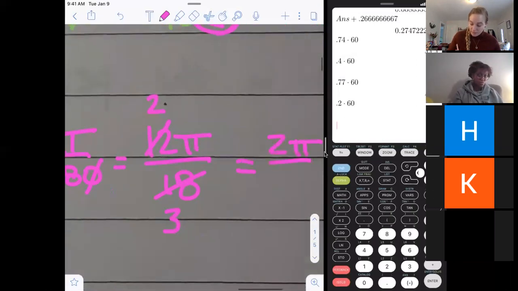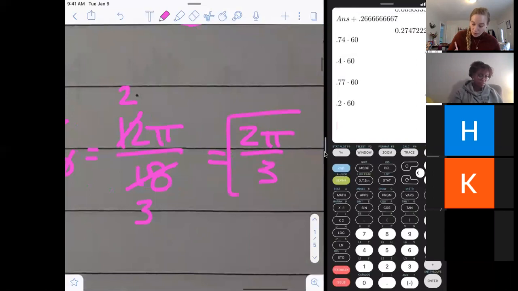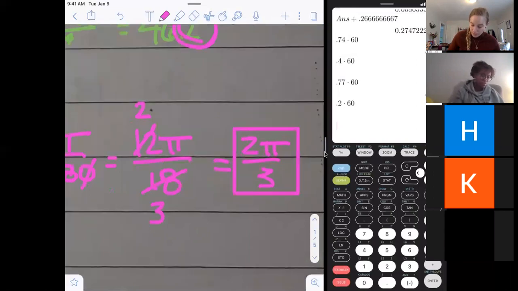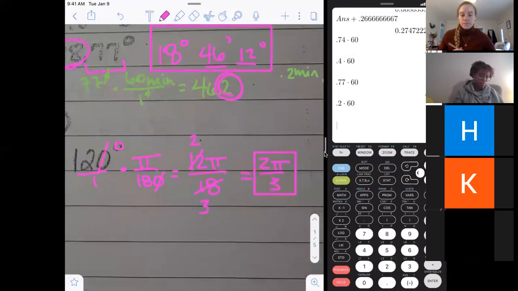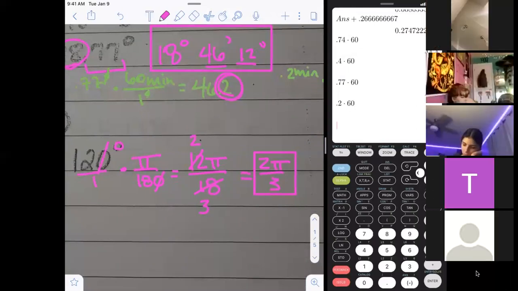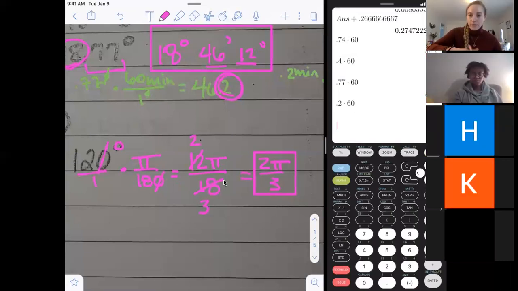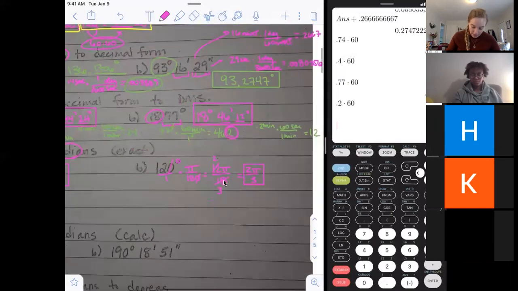So my best answer for this one is going to be 2 pi over 3. Any questions so far? Okay, again, we're going to skip number 4. We're going to come back to it, but let's skip number 4 and let's do number 5.